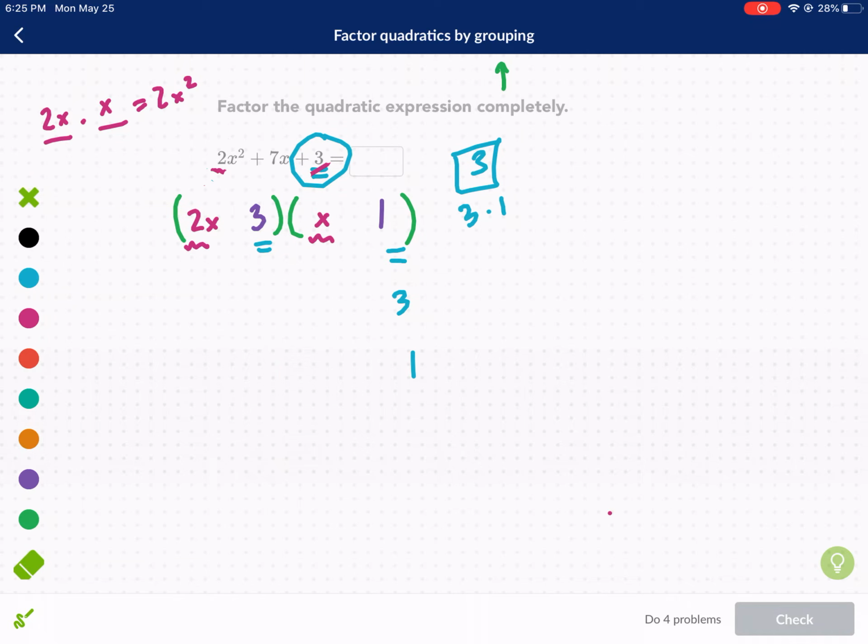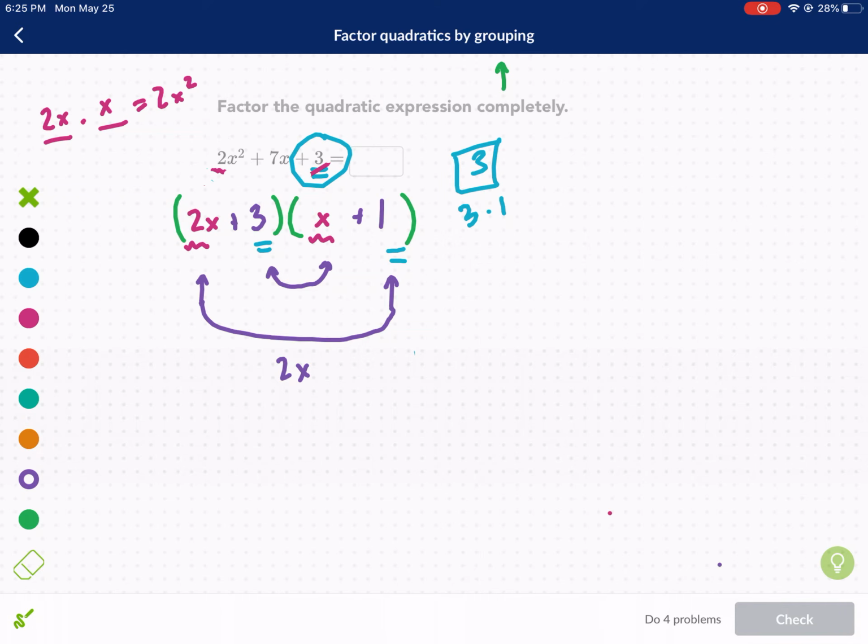Now, anytime you put some number in this outside slot, you know when you FOIL to get the middle term, it's essentially the inside and the outside terms. So you're going to be modifying this one with the 2x. 1 times 2x is 2x.